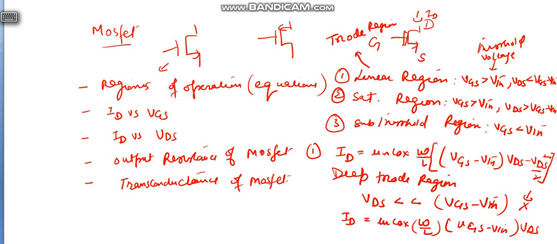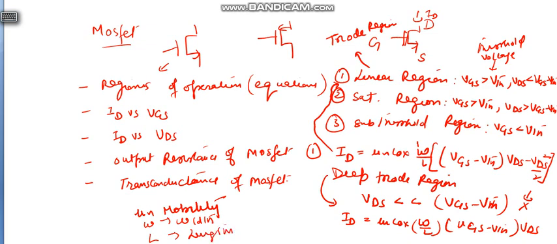So this is the deep triode equation and this is the linear region equation. Mu n is basically mobility. W by L is the width and length of NMOS, W is width, L is length of our MOSFET.